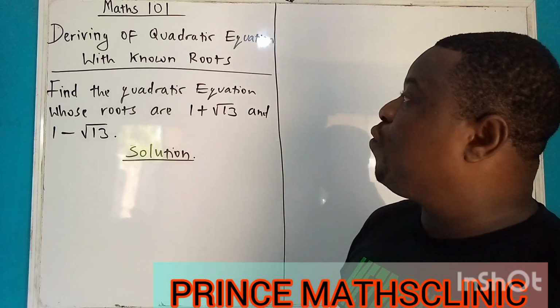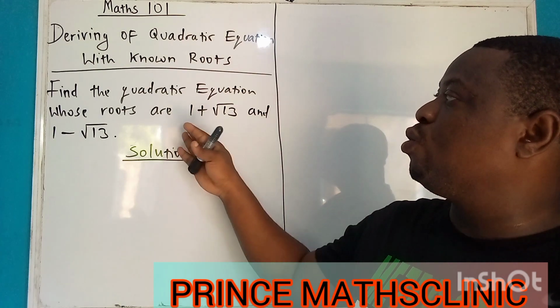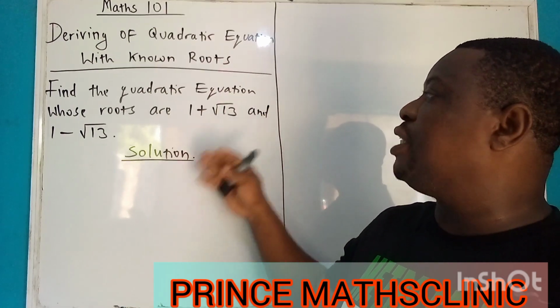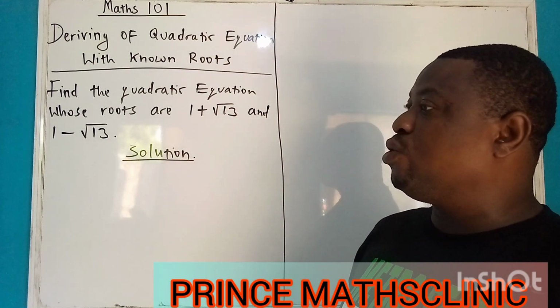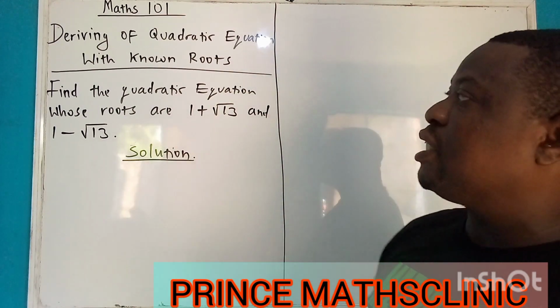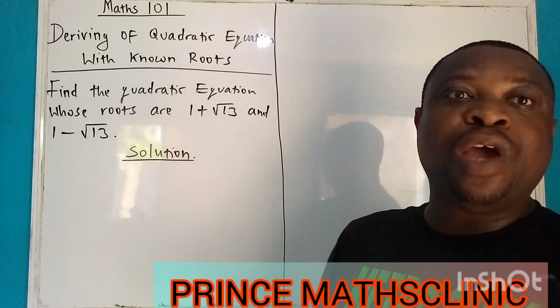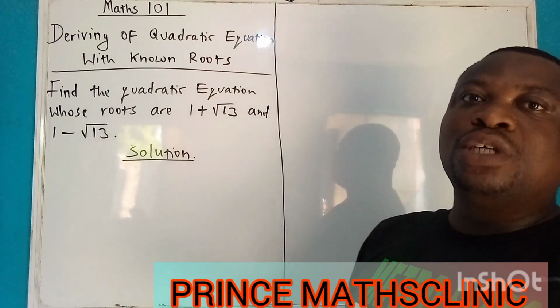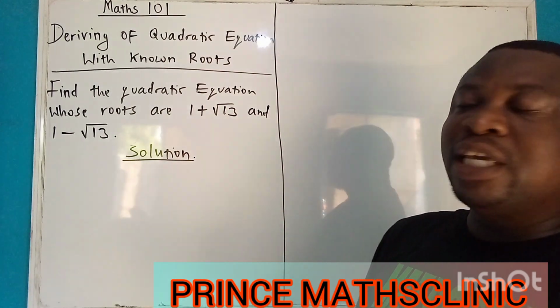And that question is to find the quadratic equation whose roots are 1 plus root 13 and 1 minus root 13. Remember, in the previous class on quadratic equations, I showed you a very simple formula for deriving a quadratic equation.